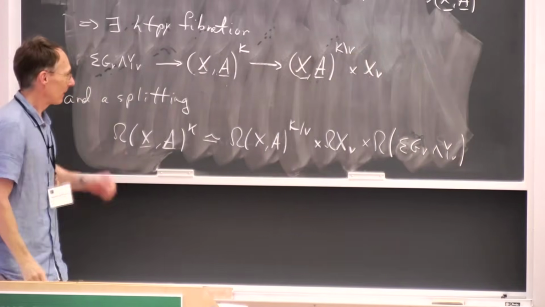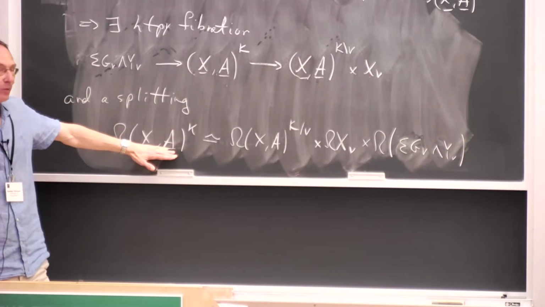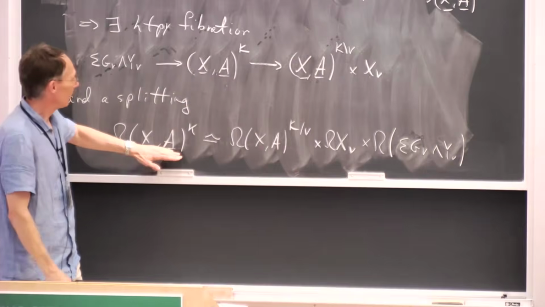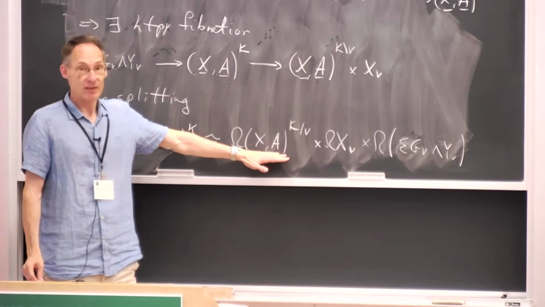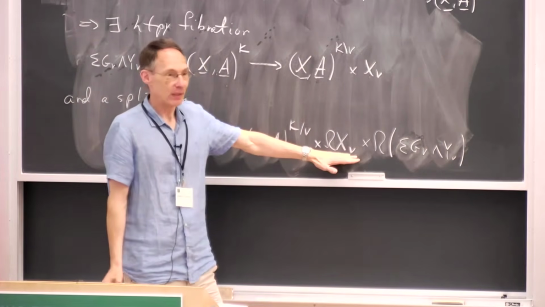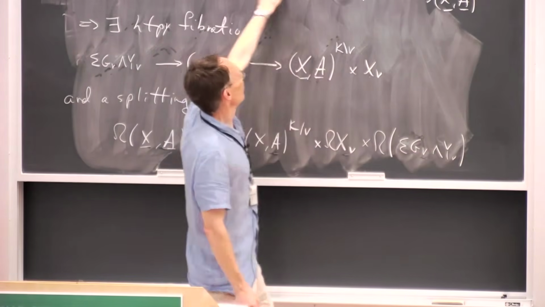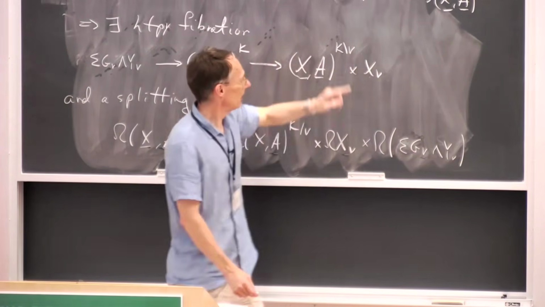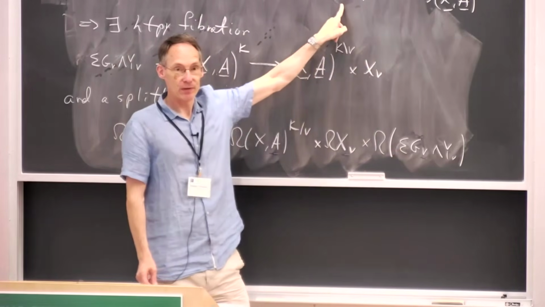Think about what this says. This polyhedral product is the thing we care about. We've written its loop space in terms of a polyhedral product on a smaller number of vertices, an ingredient space. The Y comes from the ingredient space. The G comes from polyhedral products with fewer vertices.